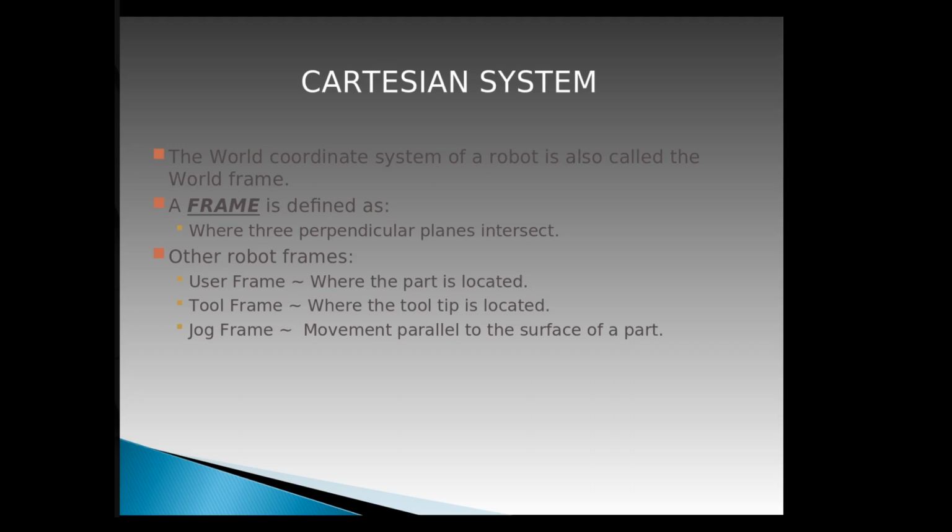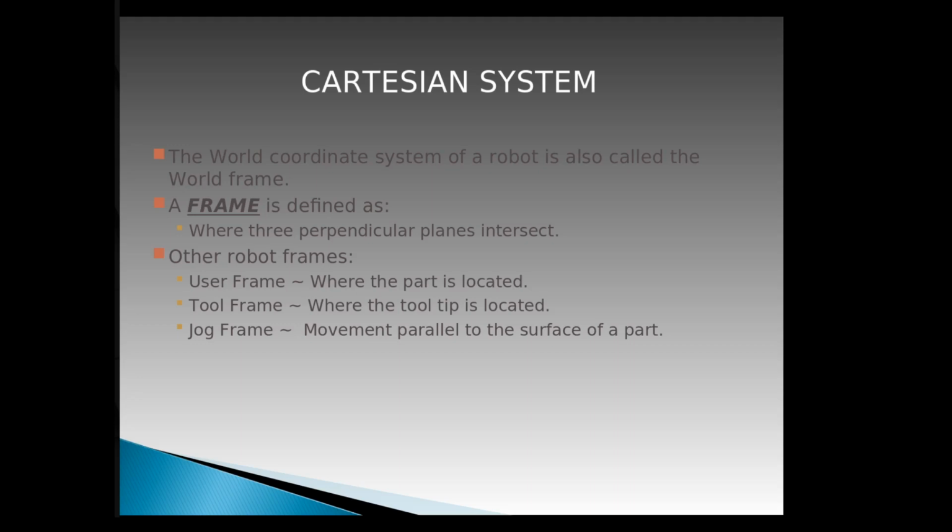After that, the frame is a frame of reference. If you think about, say, a picture frame, you can pick that frame up and move it around, and the picture stays the same, but you see it from different angles as you move the frame. And so that's the case here when we're working with robots. We can set our frame of reference to match our needs.